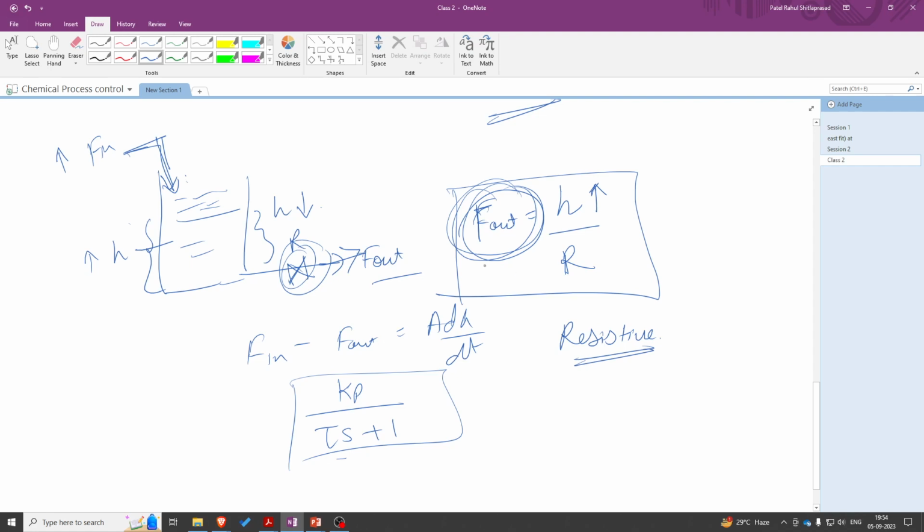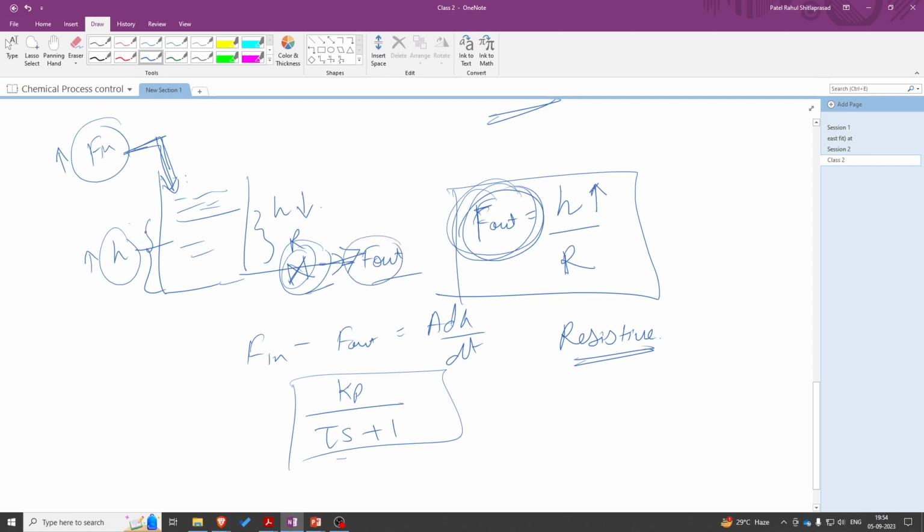When I say resistive actions, basically the disturbance or the input tries to increase the level of the tank. Basically it tries to increase the controlled variable, but the outlet flow rate in this case is such that the moment the flow output increases, the level of the tank will decrease.